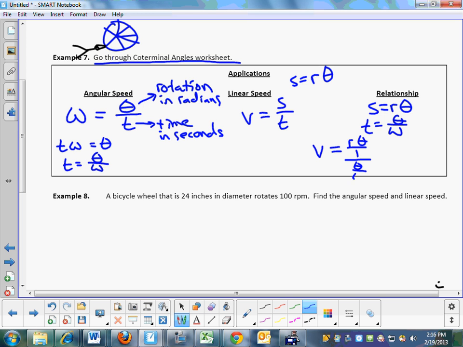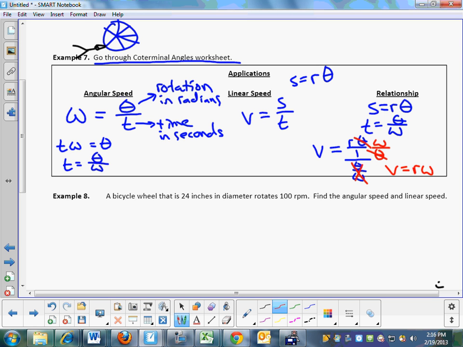Theta over omega. Now, instead of dividing, I can multiply by the reciprocal. What happens? Those cancel, and so you get velocity is equal to r omega.